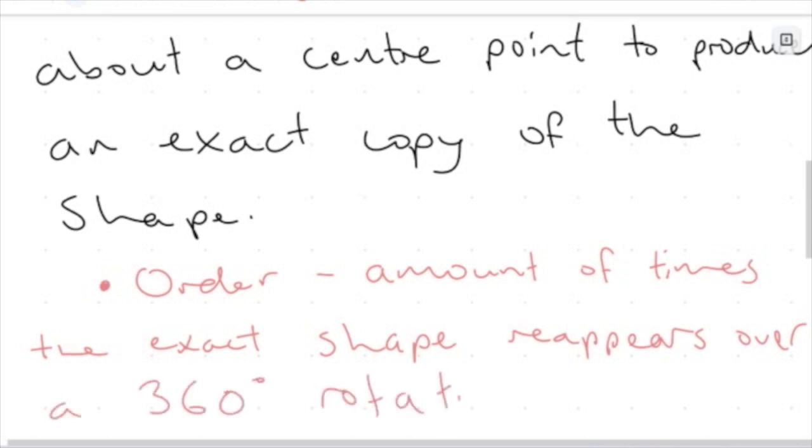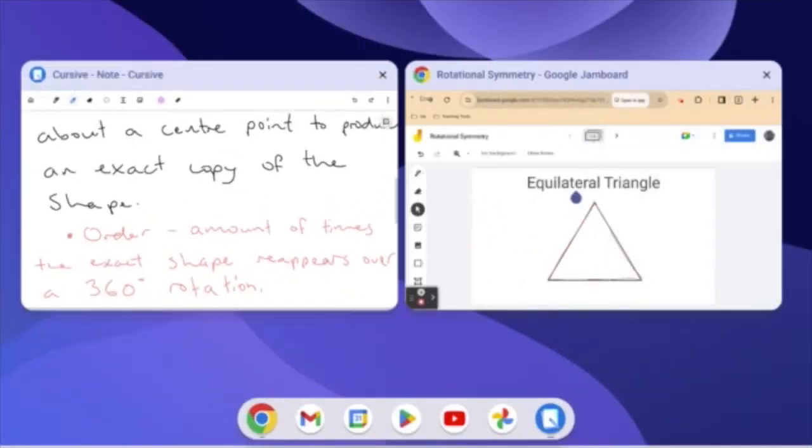So when we make a full circle with these shapes, we're going to count how many times that first shape reoccurs. And that is what we call the order of rotational symmetry.